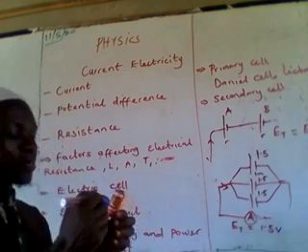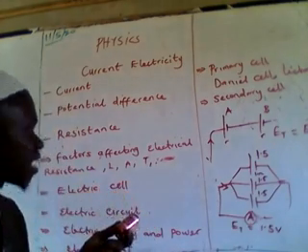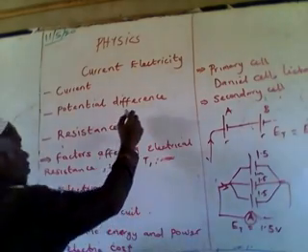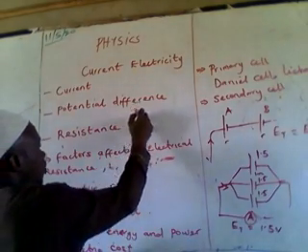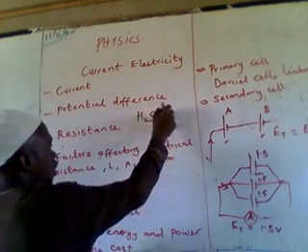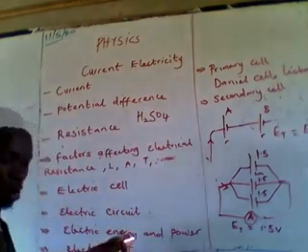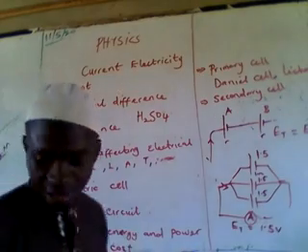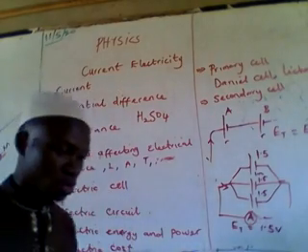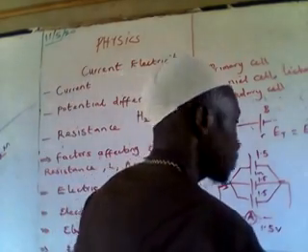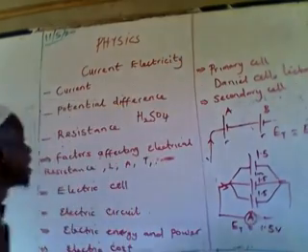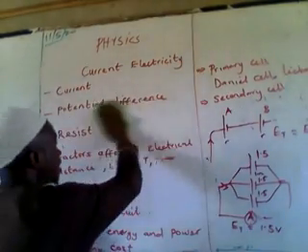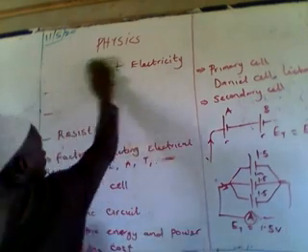So that black something is either a solution of dilute H2SO4, dilute tetraoxosulfate VI acid. Now this tetraoxosulfate VI acid serves as the electrolyte. It serves as the electrolyte.